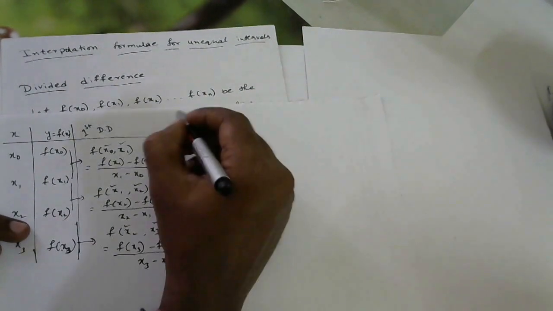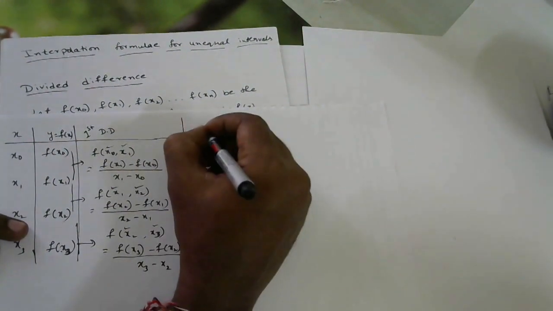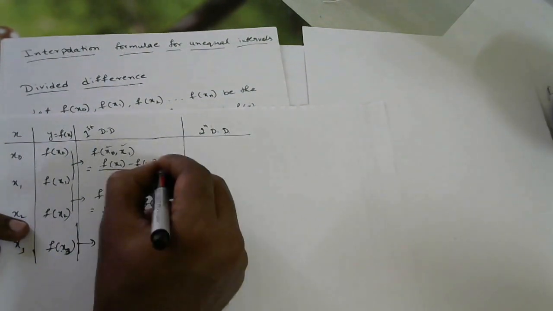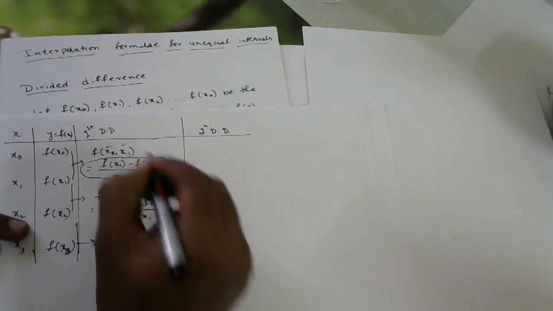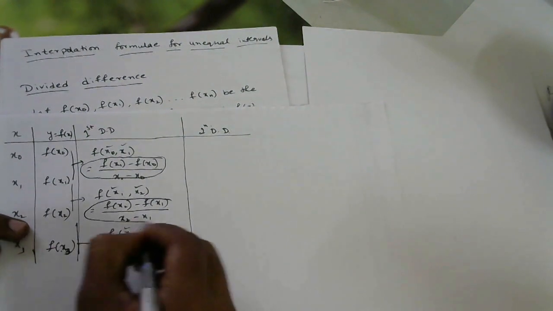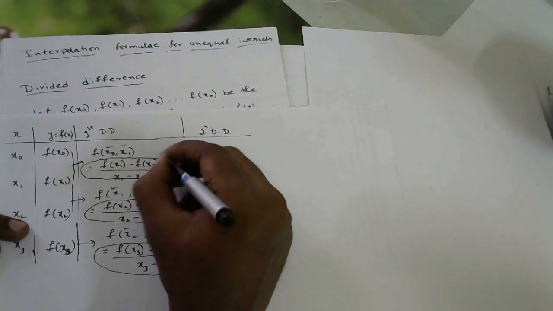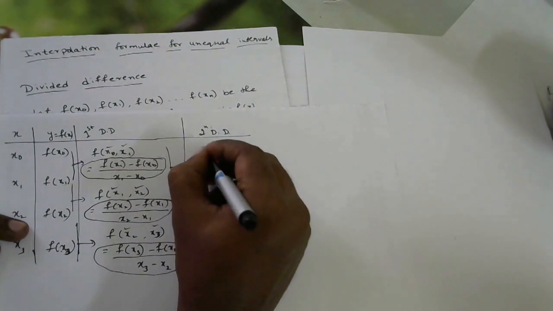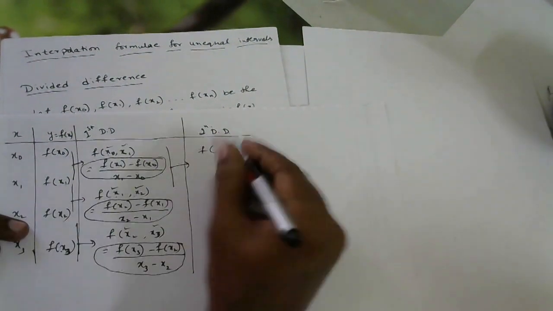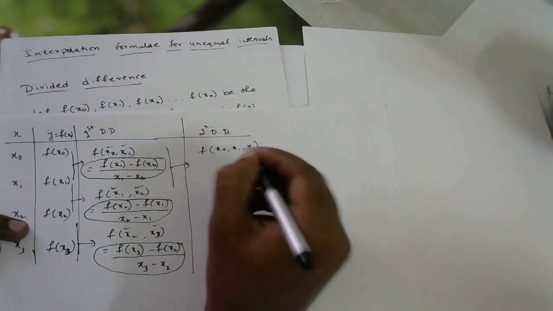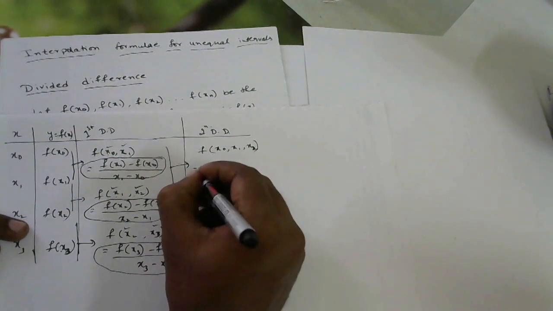Now go for the second divided difference. Here neglect these terms. Take these two; f of x0 comma x1 and f of x1 comma x2 have x1 in common, so we take f of x0 comma x1 comma x2.